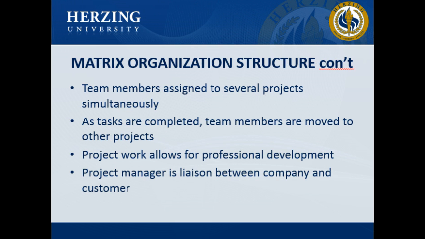In this structure, team members are working on multiple projects at one time. These projects can vary in size. They could go from very complex projects to very simple projects. They could very well be large projects or small projects.